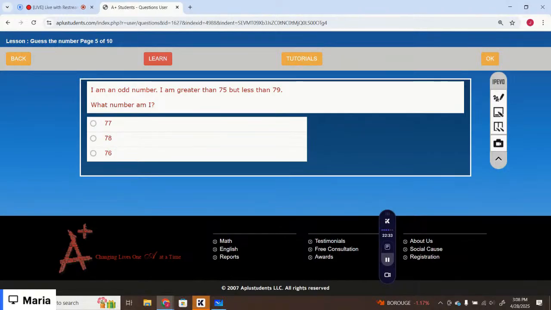I'm an odd number. I'm greater than 75, but less than 79. What number am I?